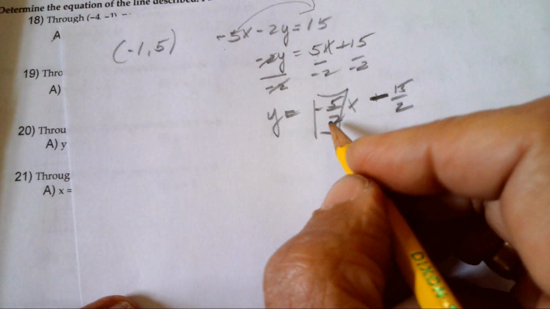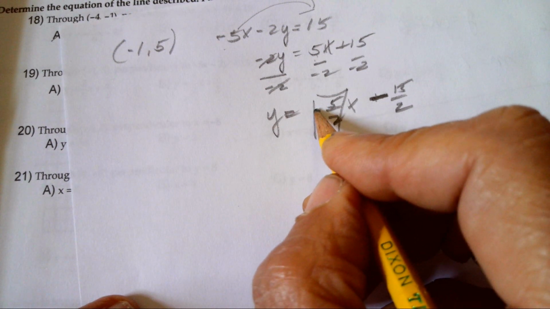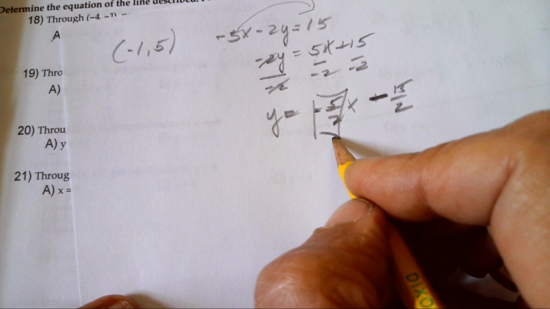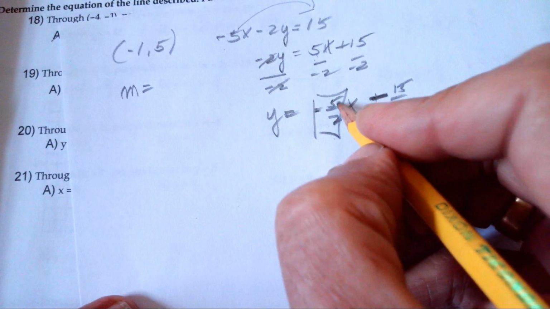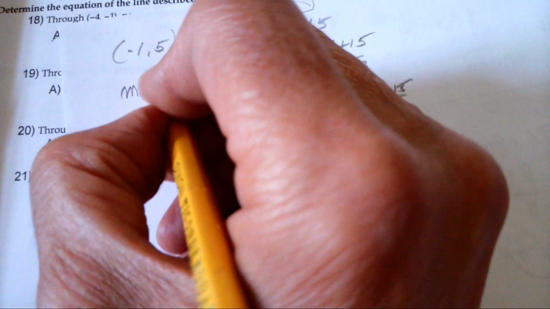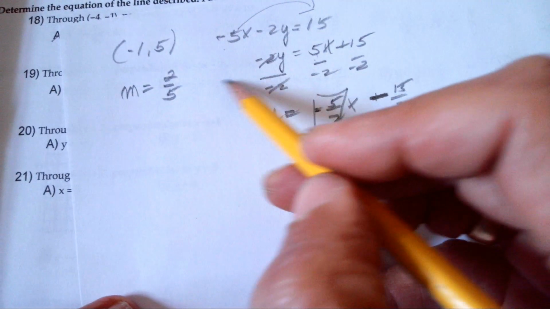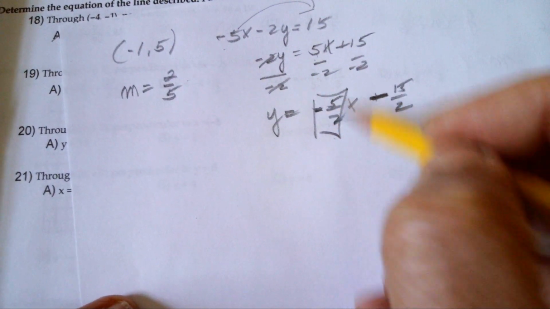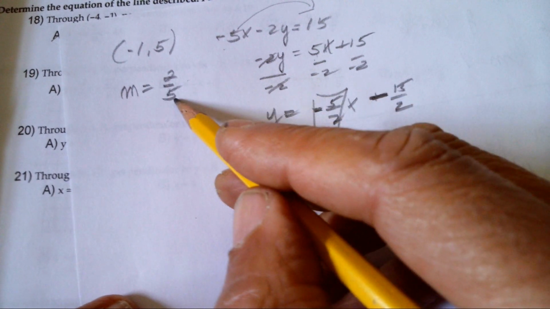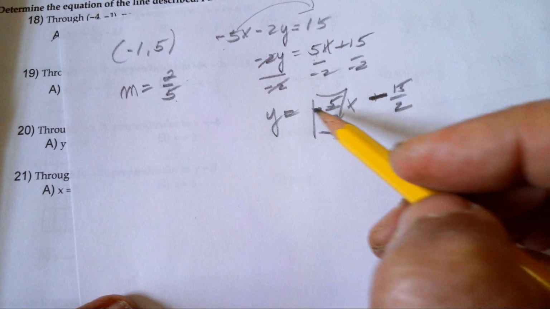So my line is to have a slope that's the negative of this, and the reciprocal. The negative of a negative is a positive, and the reciprocal of 5/2 is 2/5. Notice, 2/5 times a negative 5/2 would equal a negative 1. Negative reciprocal.